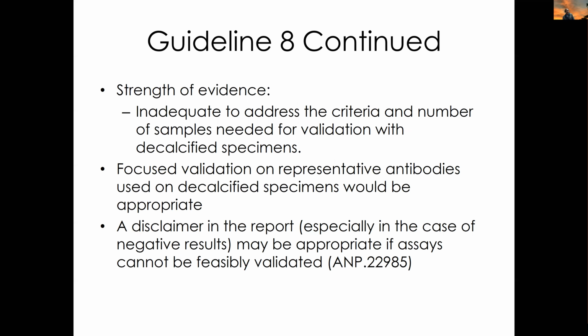Again, the strength of evidence for this is inadequate to identify the criteria numbers, but focused validation on representative samples that are used frequently with decalcified specimens, keratins, various site of origin markers, PAX8, CDX2, TTF1, those sorts of things may be very worth employing in a standardized assay to validate for decalcified specimens.